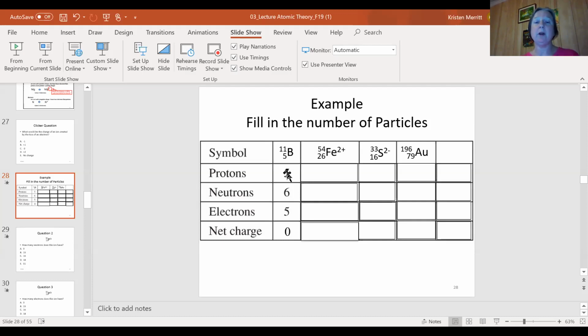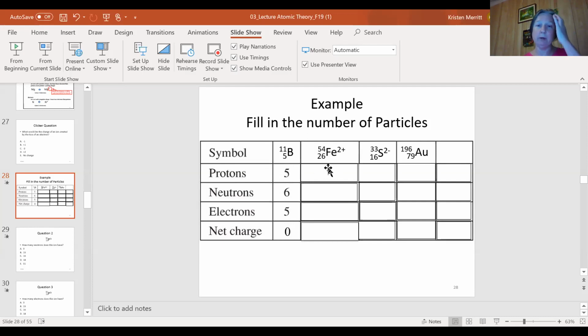Well, we know it has 5 protons because it tells us. 11 minus 5 is 6, so there are 6 neutrons. There's no charge on it. Therefore, it's not an ion, it's an element, and has the same number of electrons as protons. So it has 5 electrons, because it's balanced, there's a net charge of 0.